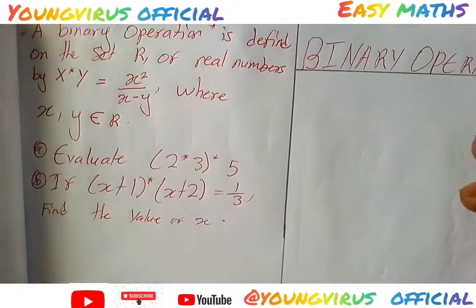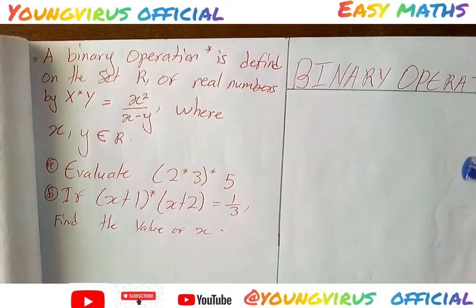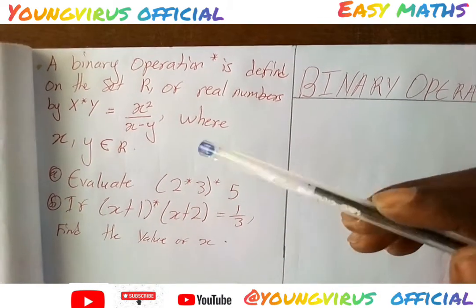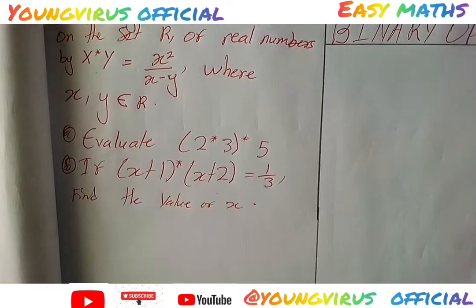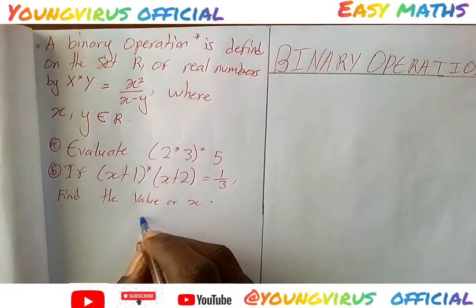So we'll be solving the first question, which says evaluate (2 ∘ 3) ∘ 5. So, solution.